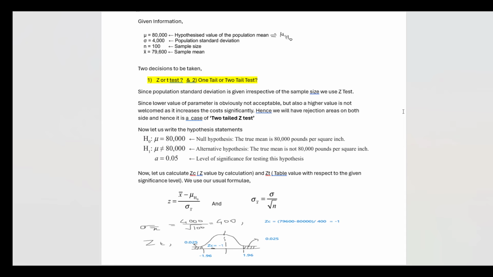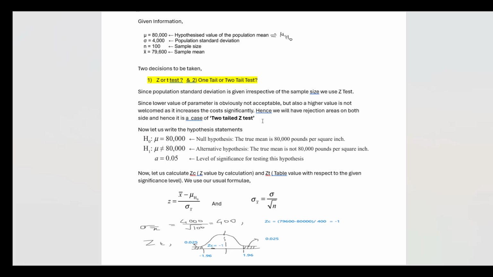So there are rejections on both sides. Hence we will have rejection areas on both sides, and hence it is a case of two-tailed Z test. On the lower side also we will reject, on the higher side also we will reject.